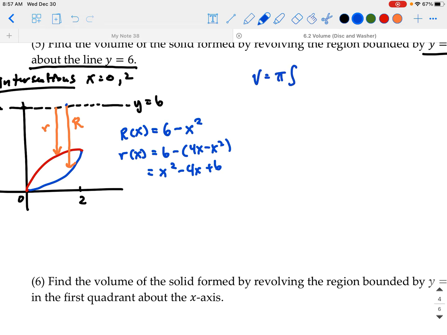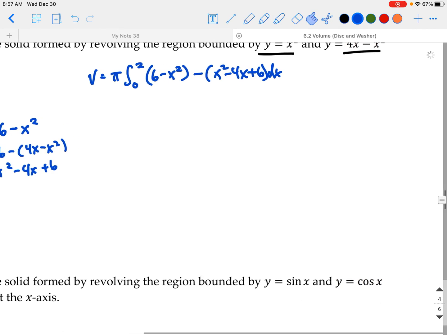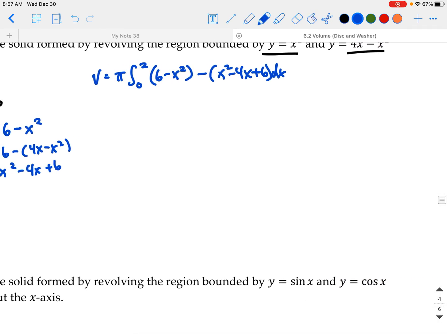So our volume is going to be pi, integral from 0 to 2. And now we're going to get this different expression. So we've got 6 minus x squared, all squared, minus x squared minus 4x plus 6, all squared. So we can see that we've got a different expression from our previous example. But let's go ahead and work it out. So we're going to get pi integral 0 to 2.